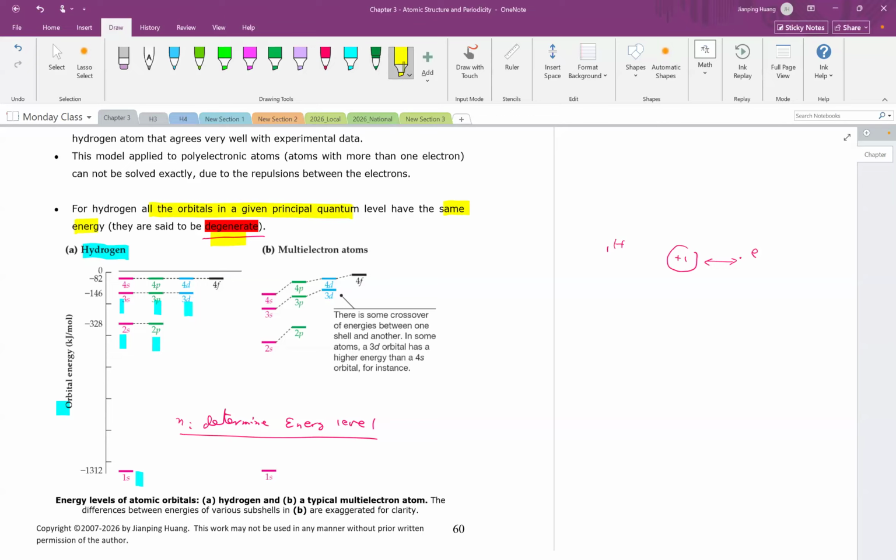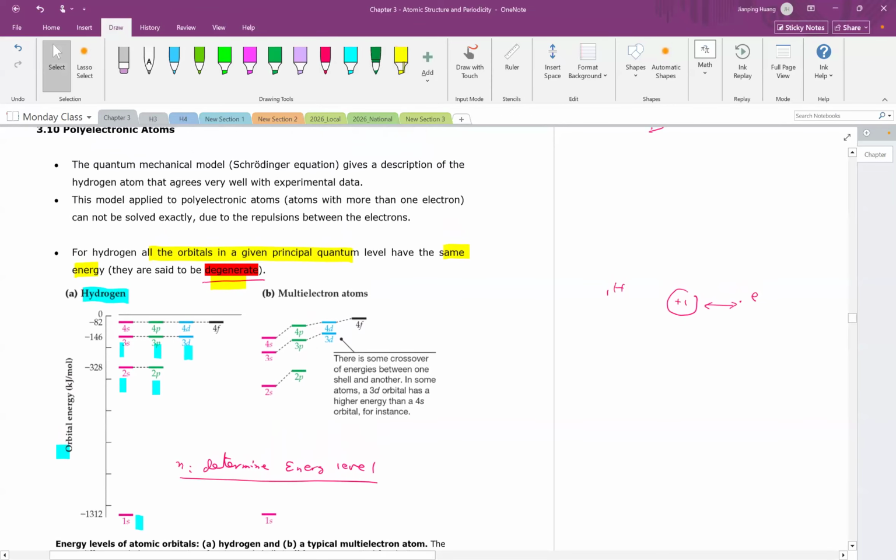And when we solve the Schrödinger equation, the results match the experimental data very well for hydrogen.